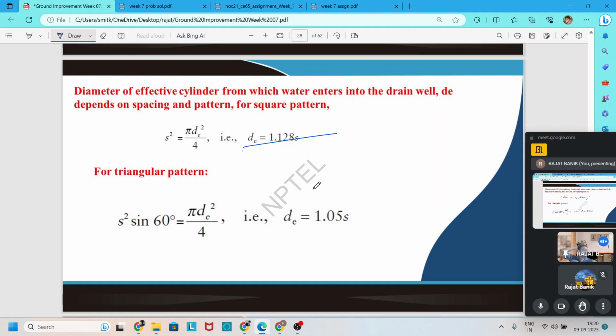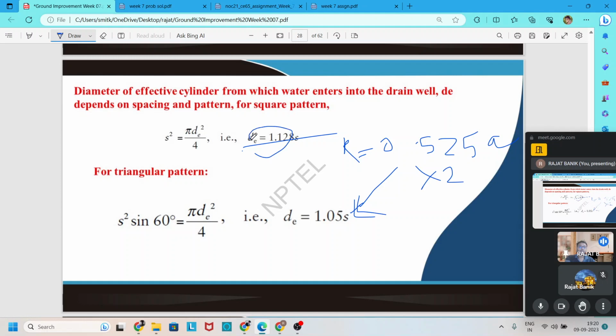If you remember, for the sand drain we found the equivalent radius for the square pattern as 0.564 into a, and for the triangular pattern 0.525 into a. If we multiply by 2, we come to that value.